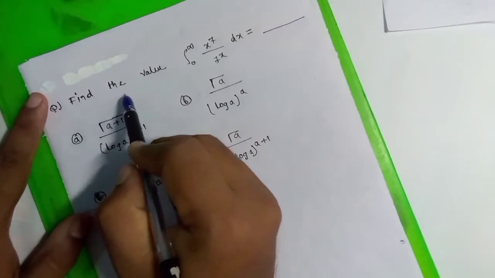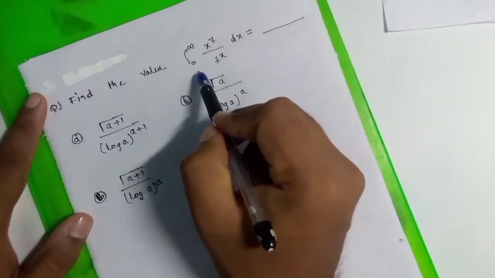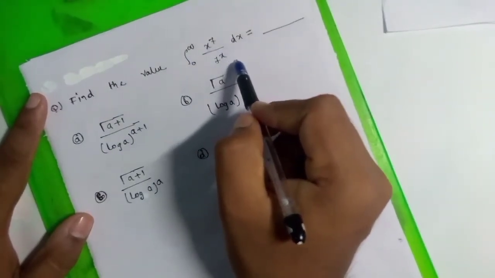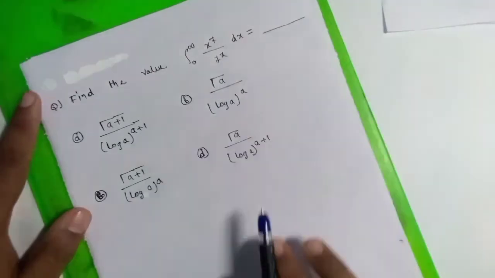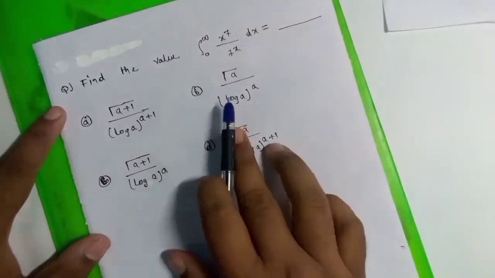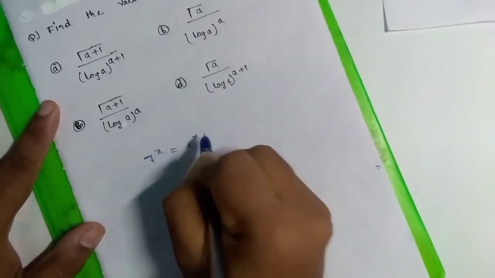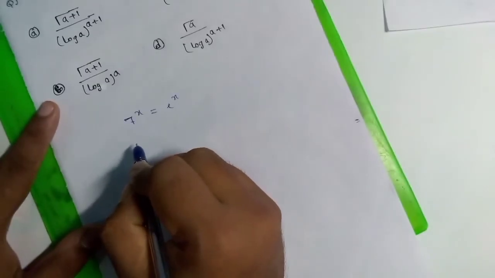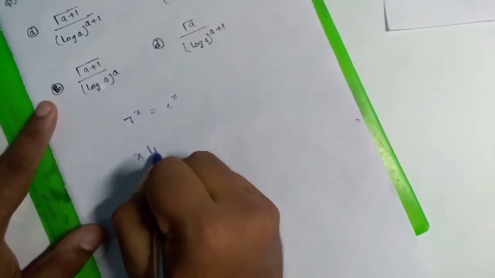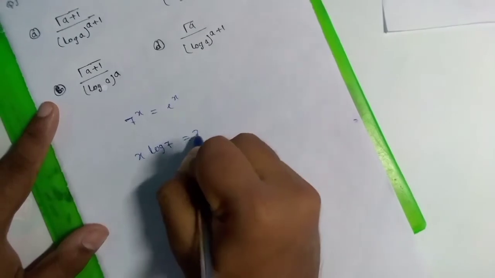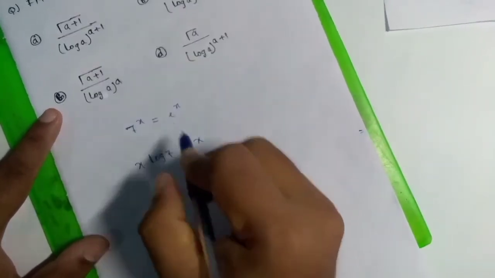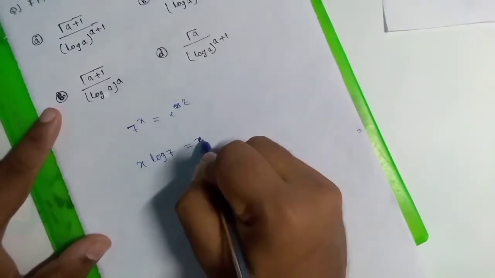Now the question is, find the value of the integration over 0 to infinity of x to the power 7 divided by 7 to the power x dx. To solve this, we first put 7 to the power x equals e to the power z. Therefore, if we take logarithm on both sides, we get x log 7 equals z.